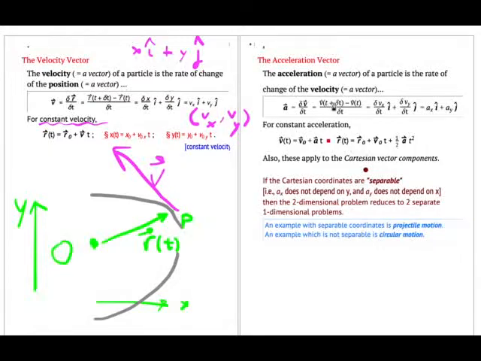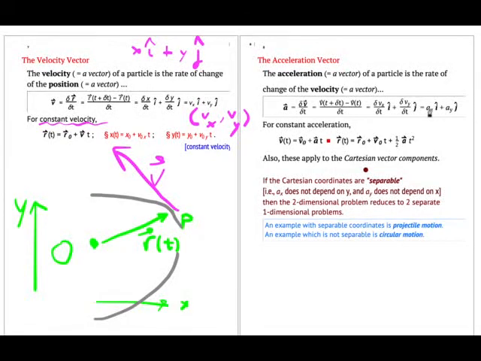It's the velocity at t plus delta t minus the velocity at t. I'm here combining two vectors, so that's a vector, divided by delta t. Or in terms of components, it's delta vx over delta t times i hat plus delta vy over delta t times j hat. Those are the two components of a vector, ax i hat plus ay j hat.